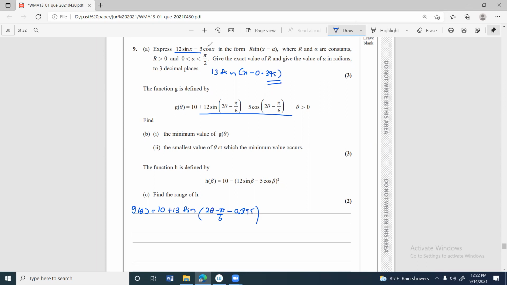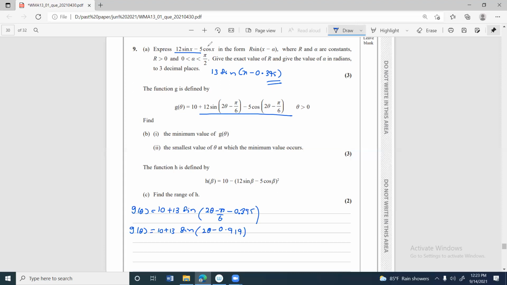Because the x is replaced with 2 theta minus pi by 6. Then g theta equals 10 plus 13 sine 2 theta minus, you can say shift pi by 6, 0.395, 0.918, 0.919. That's the answer for that one.